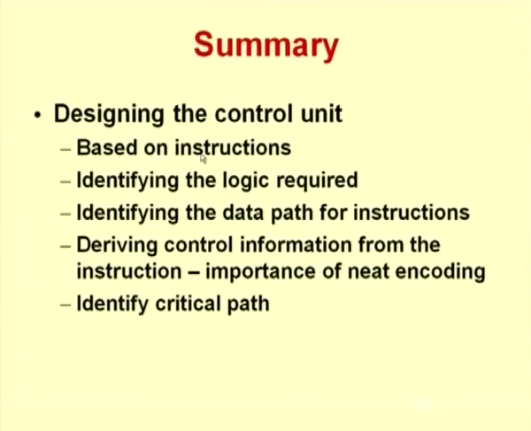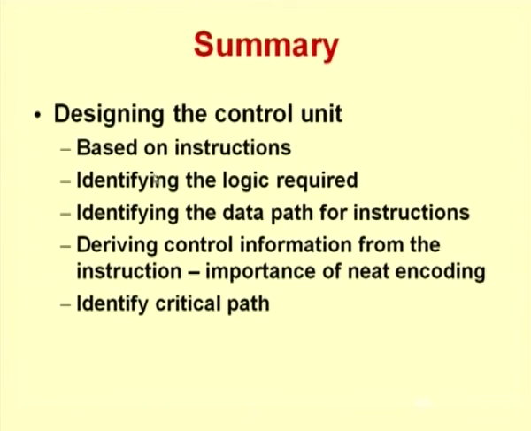We looked at a load, a store, a few register operations and two types of branches, a conditional branch and an unconditional branch. But this set of instructions suffices for us to understand the complexity of the control unit design. In fact, it gives us many of the ideas that are required for doing control unit design, because this class of instructions almost covers the different types of instructions that we are likely to encounter.